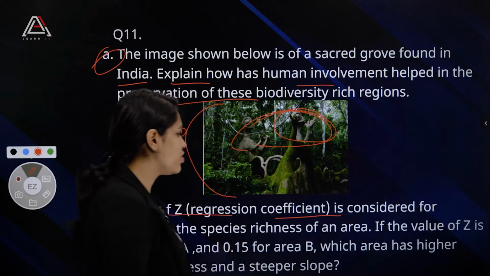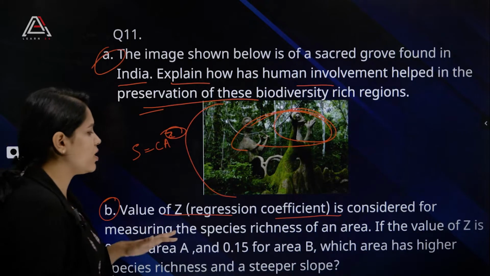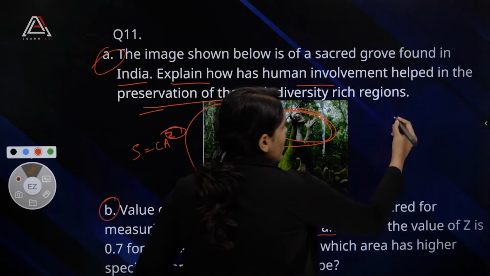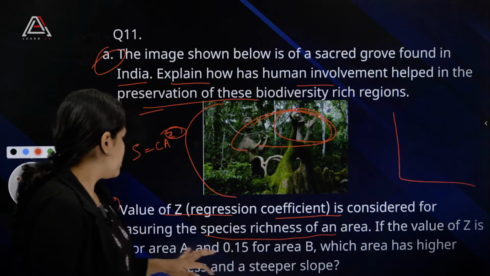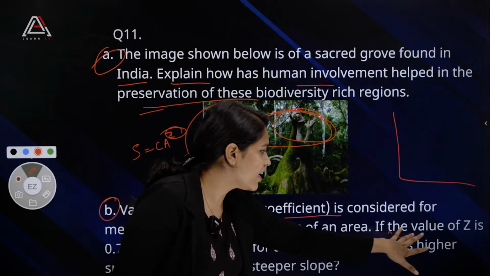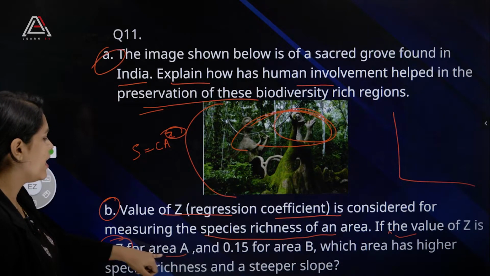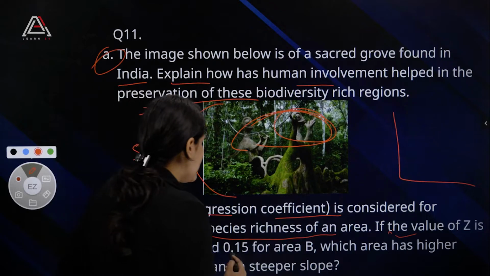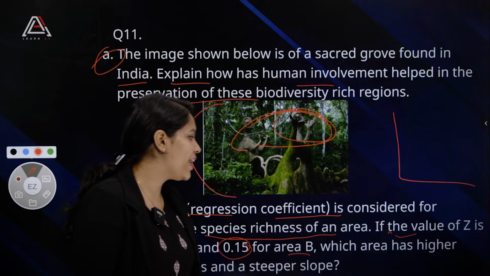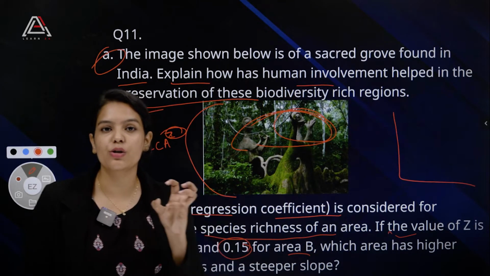In this question they are asking, the value of Z is considered for measuring the species richness of an area. If the value of Z is 0.1 for area A and 0.15 for area B, which area will have a higher species richness and a steeper slope?